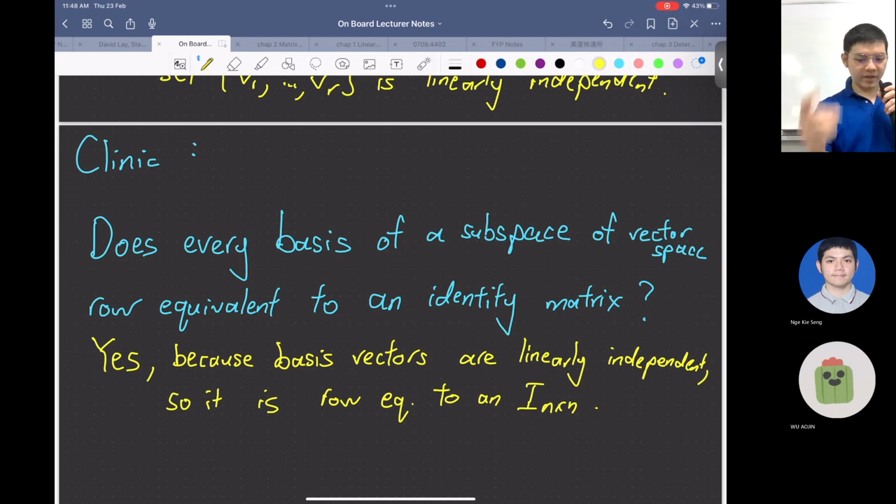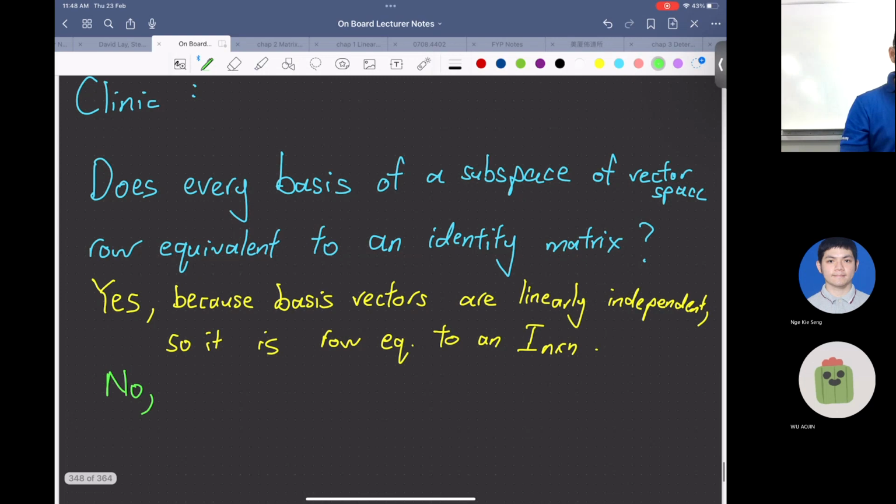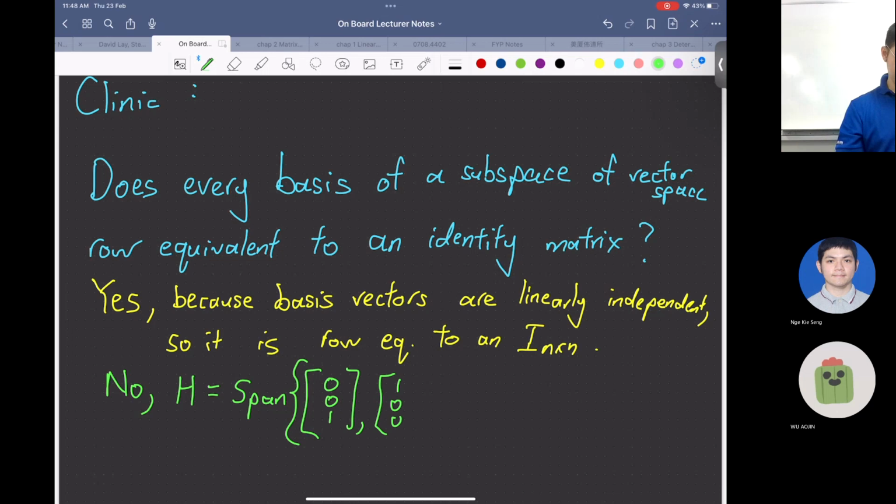Let me teach you how to counter a person. If you want to say no, you need to give them a counterexample. Let's say my subspace H is the span of an easy one: (0, 0, 1) and (1, 0, 0).